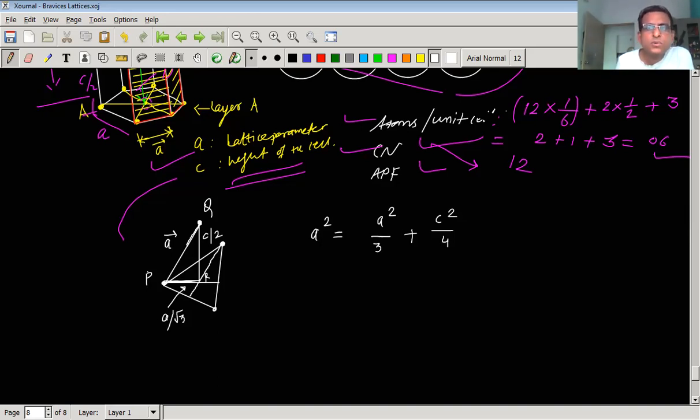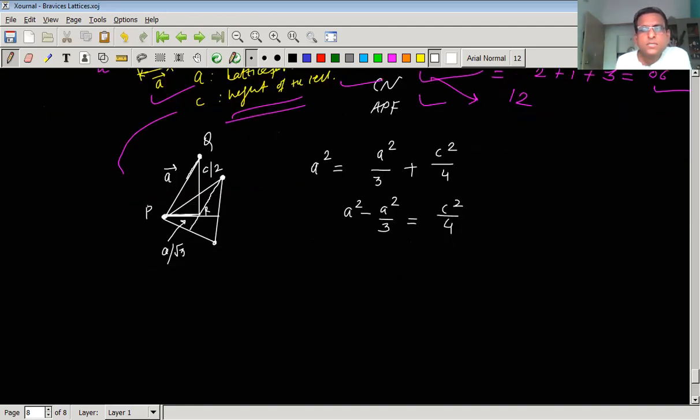So A square is equal to A square by 3 plus C square by 4. On simplifying, we can write the expression for C by A like this: A square minus A square by 3 is equal to C square by 4.